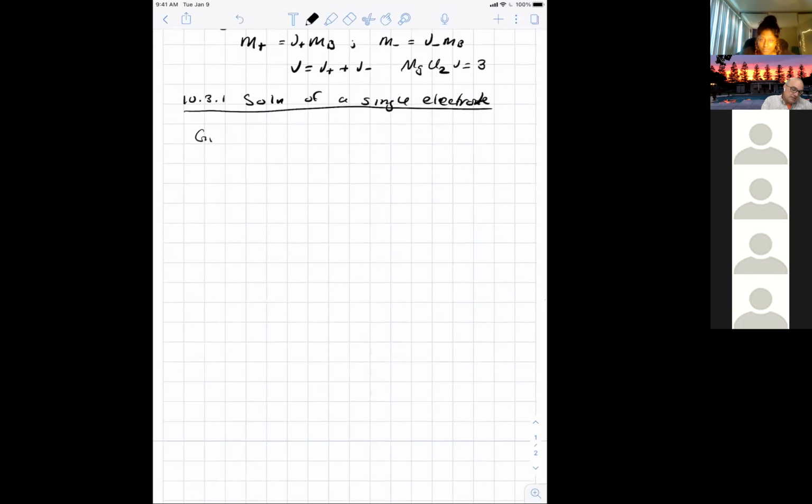Let's start with the Gibbs additivity equation, which basically just says the total free energy is the weighted chemical potential of each. And of course, we're going to break the electrolyte into its ions, which we can do using the just previously mentioned definition of their concentrations.